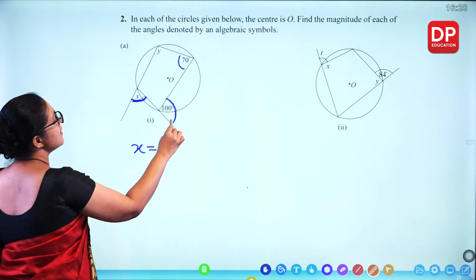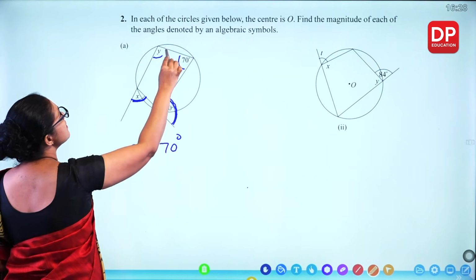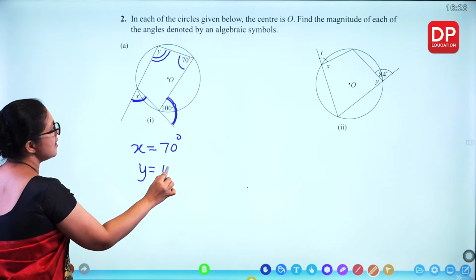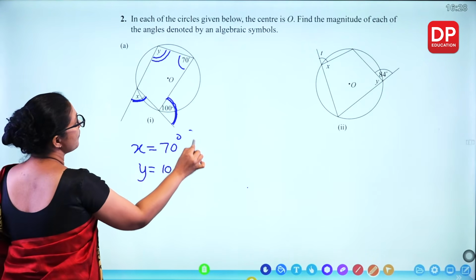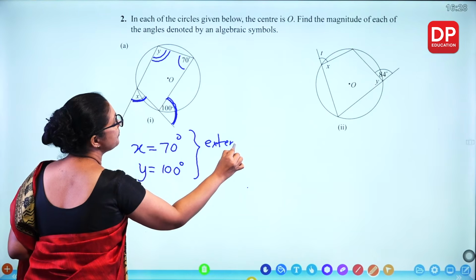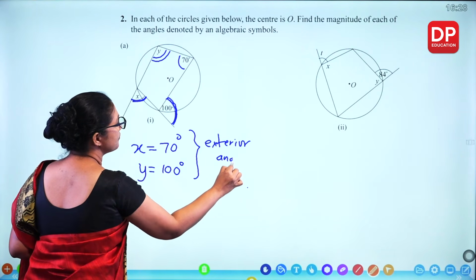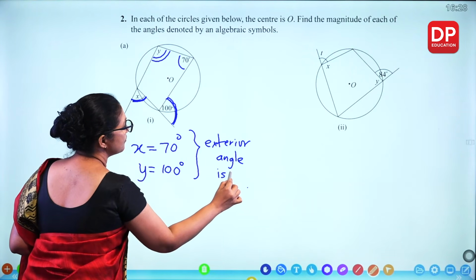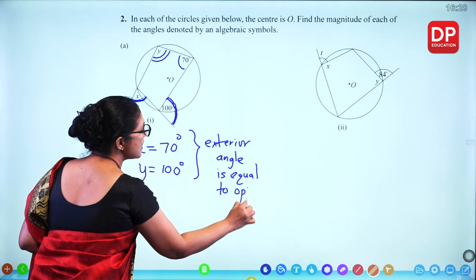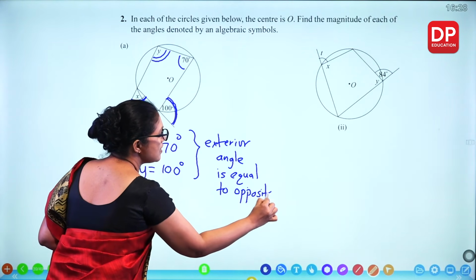To this angle, this is the opposite interior angle. Y equals 100. Exterior angle is equal to opposite interior angle.